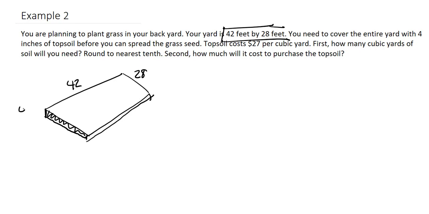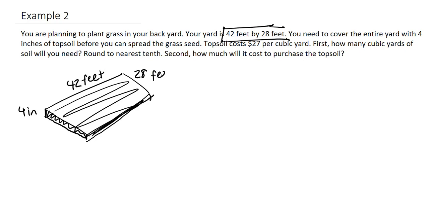So this is the 4 inches. So we're looking to put this all with topsoil. So first, we're going to need to find the volume of this. So notice that we have feet here and here, but we only have inches here. First, let's go ahead and convert 4 inches to feet.